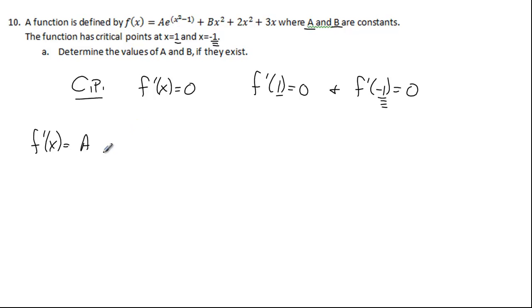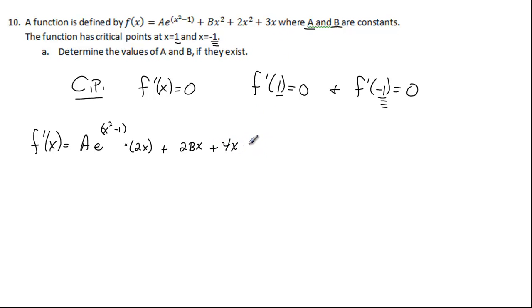Take the derivative of e to the x squared minus 1. I will have e to the x squared minus 1 power, but times the derivative of the exponent, which is 2x. The derivative of the constant negative 1 just goes to 0. Plus bx squared is just 2bx, plus 2x squared will give you 4x.